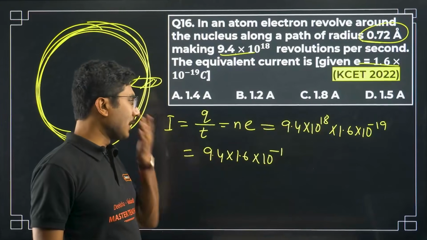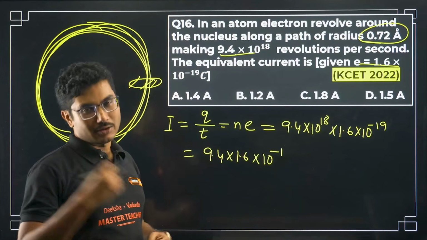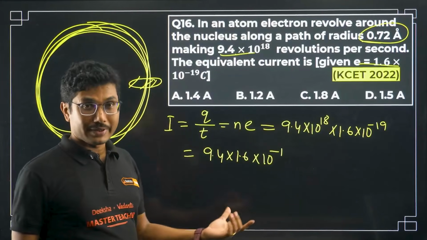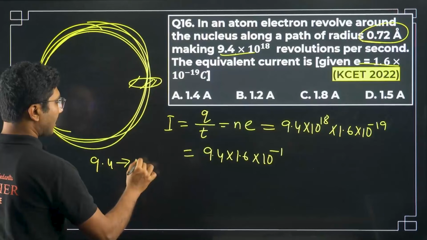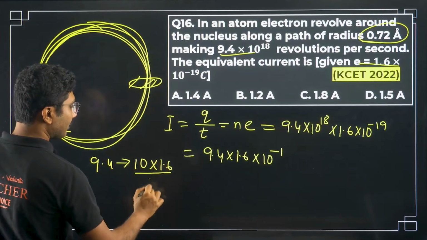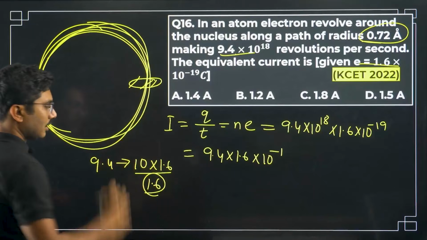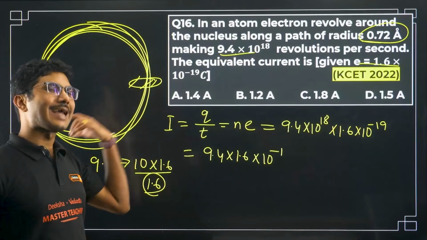Either you can multiply them mathematically, the normal way, or there is a smarter way. I will teach you the smarter way. Convert 9.4 into 10. If you multiply this with 1.6, what you will get? You will get 1.6.